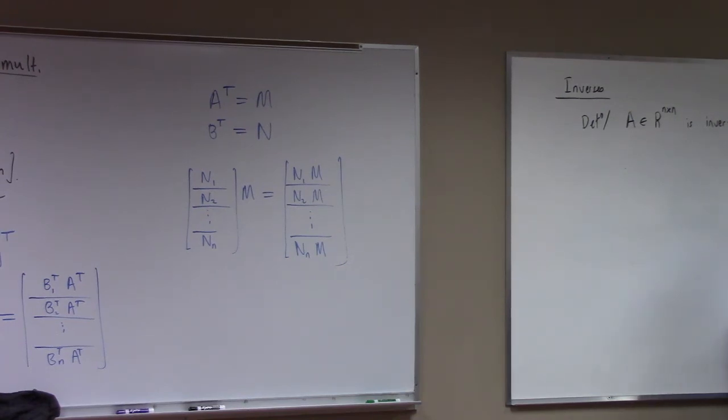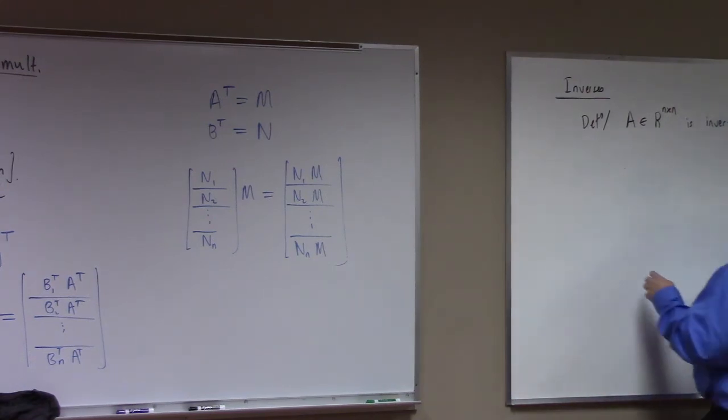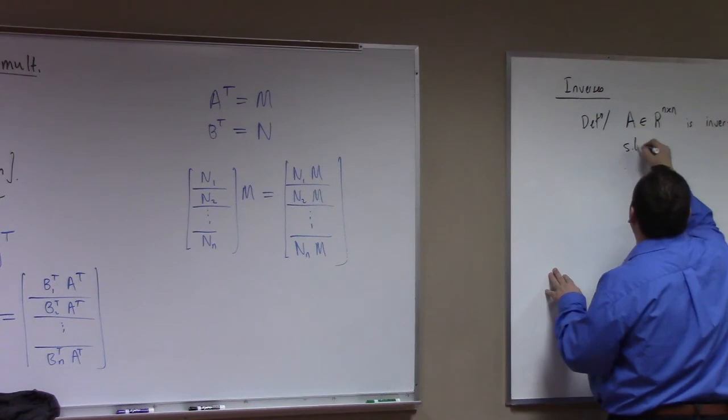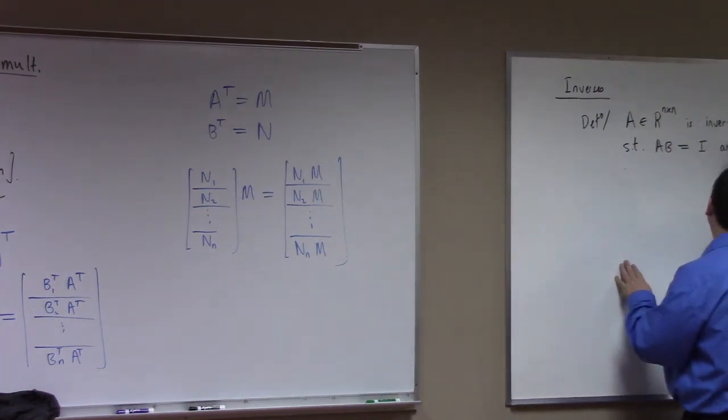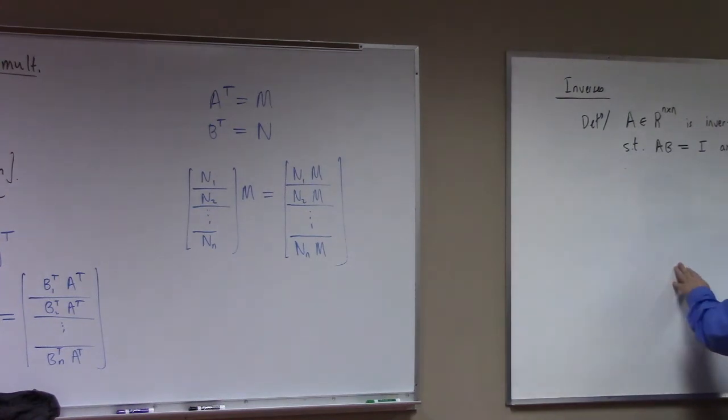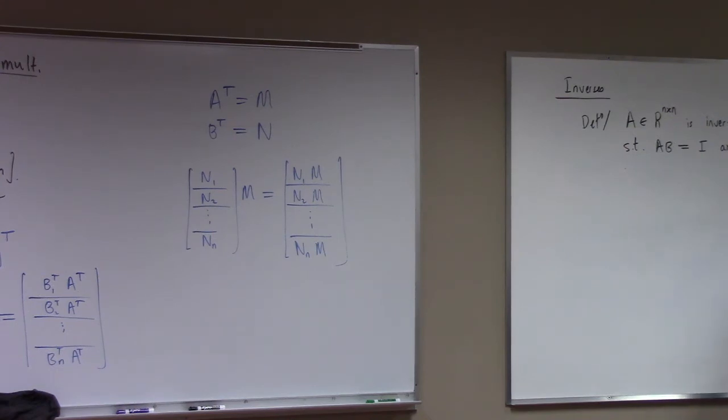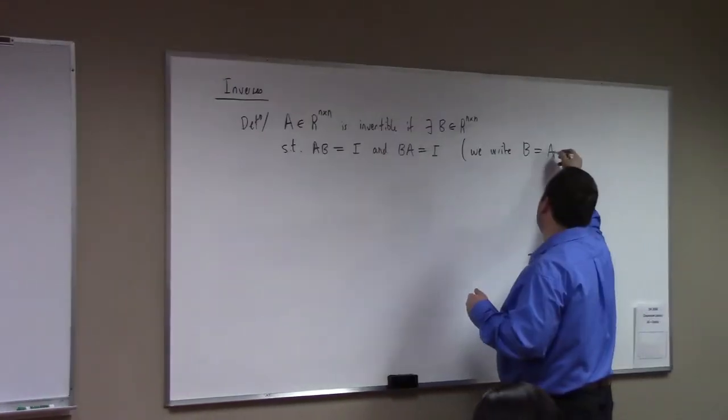In the notes I proved that B and C have to be unique, so we can just look at a B, such that AB is equal to I and BA is equal to I, where that's the identity matrix I was just talking about. We write B is equal to A inverse in this case.